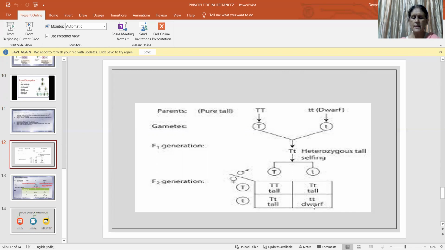It is expressed in the dwarf form, and here the ratio will be 3 tall and 1 dwarf. The 3:1 ratio is called the monohybrid ratio. How many pairs of contrasting characters were crossed? One pair of contrasting characters, both height, but one tall and the other dwarf. Up to this it is called the law of dominance, and from this to this it is called the law of segregation.